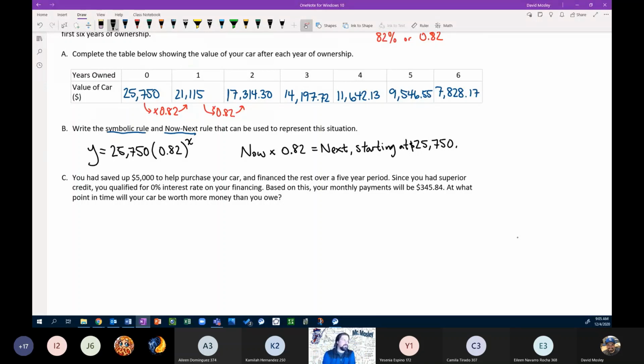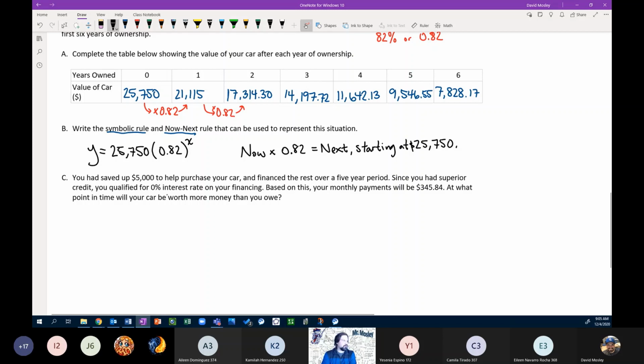Let's suppose that you'd saved up $5,000 to help purchase your car and finance the rest over a 5-year period. This is a typical length of a loan, 5 years. Sometimes you'll do longer or shorter, depending on the situation and what type of payments you're looking for. That's all negotiated at the car dealership or with your bank.